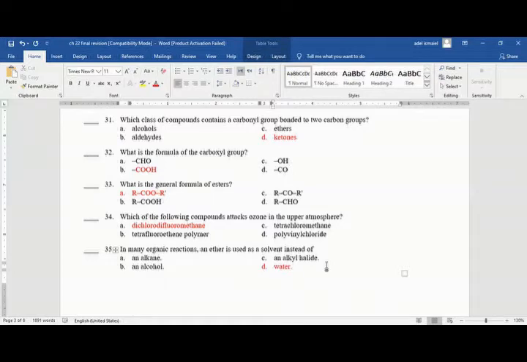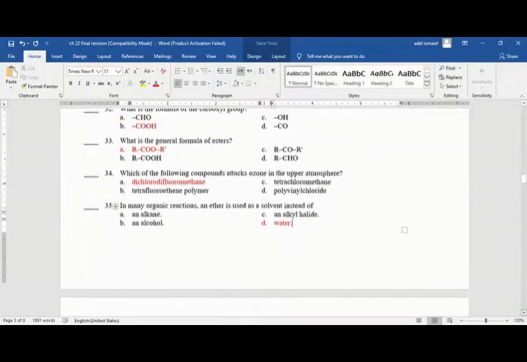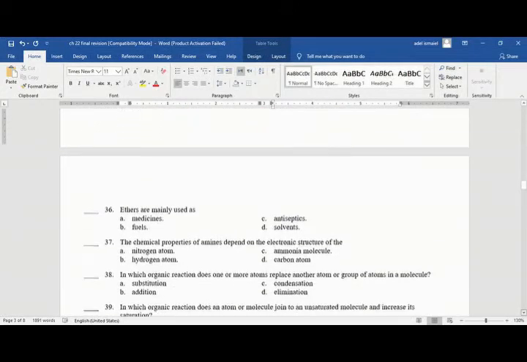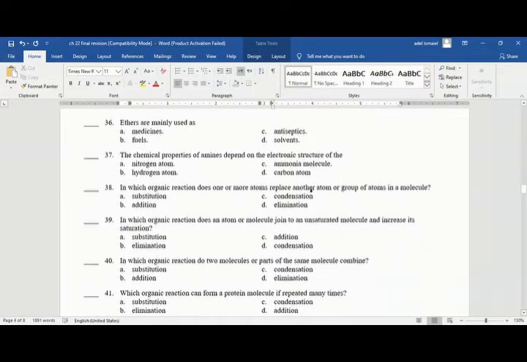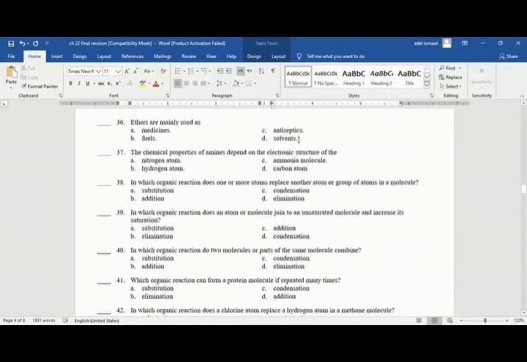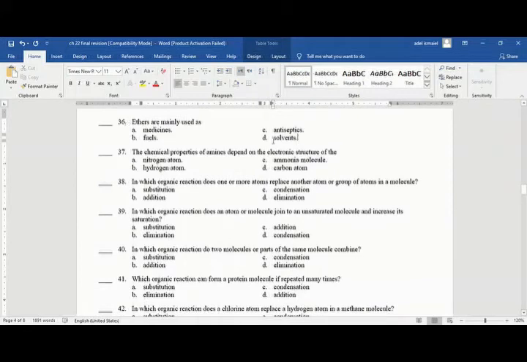Sometimes we use an alcohol as a solvent, we use ether as a solvent, and so on. Ethers are mainly used, as I explained before, as a solvent instead of water. So the answer will be D. Okay, solvent. The chemical properties of amines depend on the electronic structure of the.